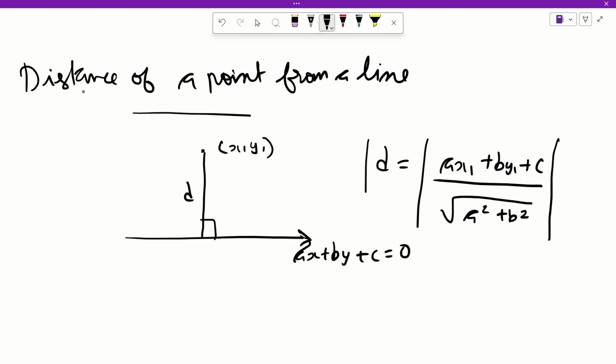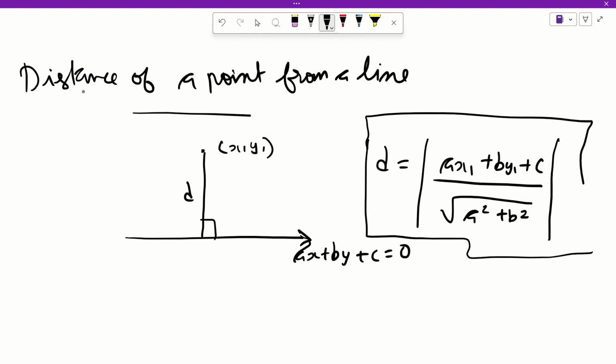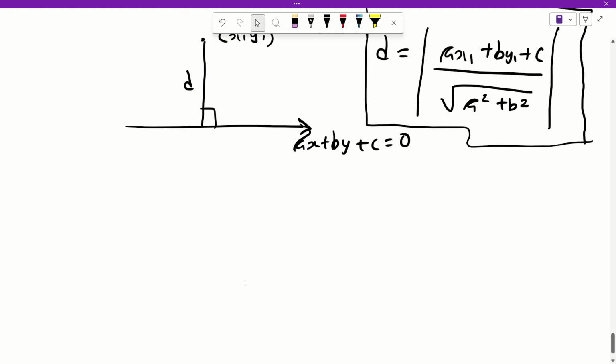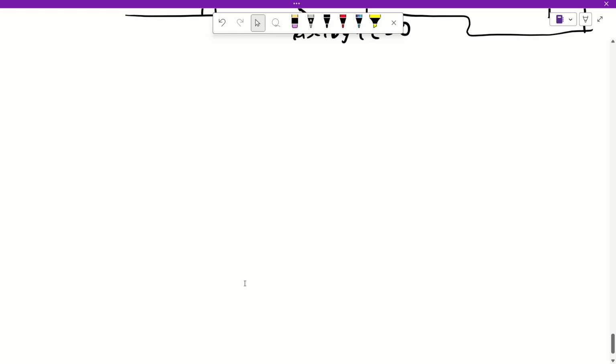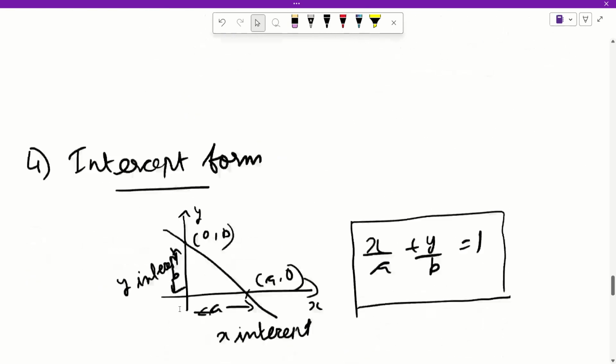This is the equation. Next one. Note down this equation, very important, guys. We have done a lot till now, right? Yeah, good.